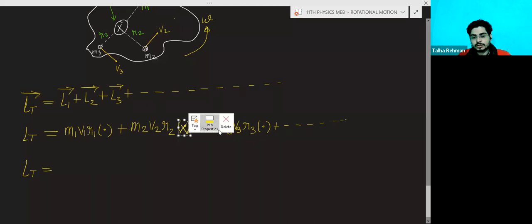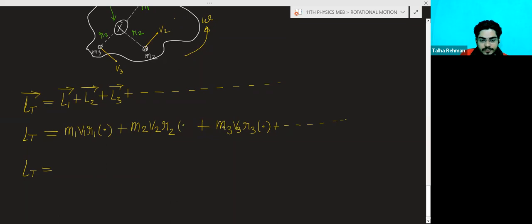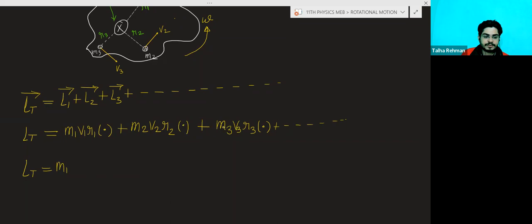But here, fortunately, all are in the same direction, so we can easily add. We will have m1 v1 r1 plus m2 v2 r2 plus m3 v3 r3, and similarly m4 v4 r4, m5 v5 r5, and so on up to the tenth mass.